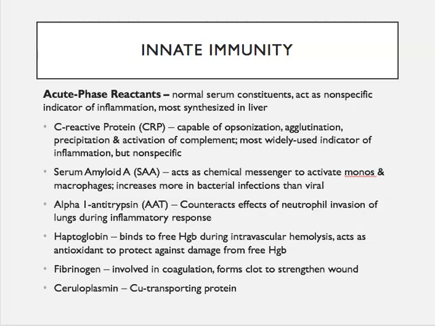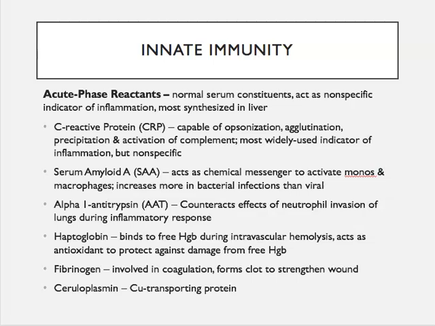A lot of these proteins act by binding to microorganisms and promoting adherence, which is the first step in phagocytosis. Other acute phase reactants help to limit destruction caused by the release of proteolytic enzymes from white cells as the process of phagocytosis takes place.